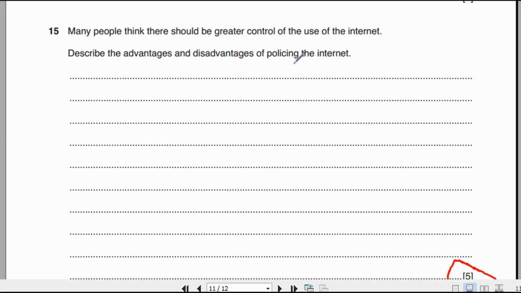So we are talking about policing the internet. Let's see one side and then we will see the other side. First, advantages. When we police the internet, it helps us to prevent illegal material over the internet. This is one of the advantages of policing the internet. It also helps prevent pornography. It also helps to prevent inappropriate discussion group language.